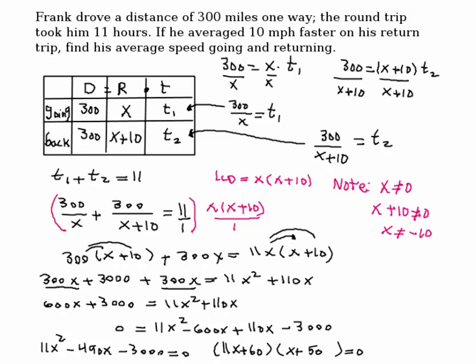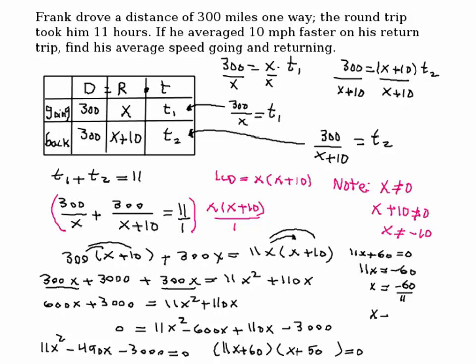The first one gives you a negative answer, so that's not what we want, because if I get 11x plus 60 equal to 0, I get 11x equal to minus 60, x equal to minus 60 over 11, and that cannot be possible because we're looking for a positive rate.